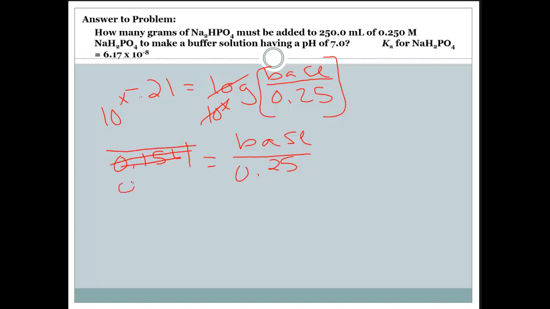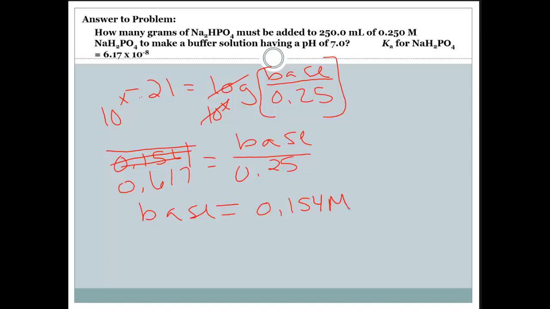Cross multiply. So that gives us a base. Once I do 0.617 times 0.25, that's going to equal 0.154 molar. That's where I got the 0.154 from.